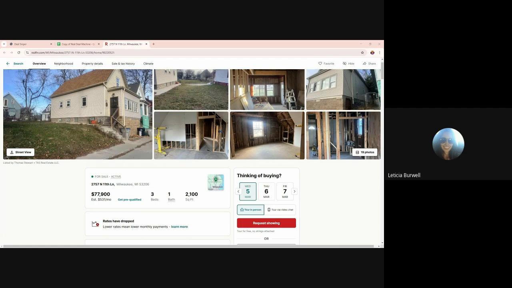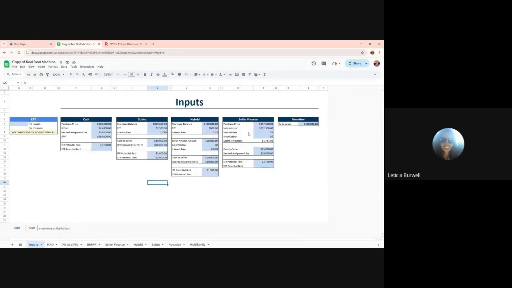It's $264 for the purchase price. I put it in the deal calculator, but I don't know if I'm even using this right. Is the loan amount that 245? Is it the seller finance amount? Yes, seller financing, loan amount, same thing.